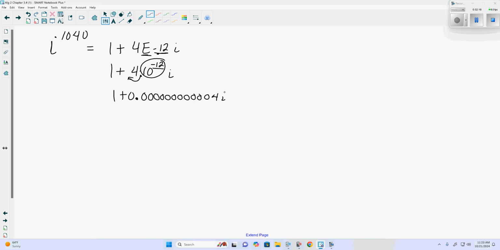And for all intents and purposes, this is 0, so it's really just telling us that it is 1. So for some of this, the graphing calculator can take i to a power and reduce it, but once it gets too big, really what it's doing is graphing and approximating. So the pixel error comes up with this here. Our answer is just 1, or we could have just divided the power by 4 and gotten to our answer a lot nicer, a lot quicker.